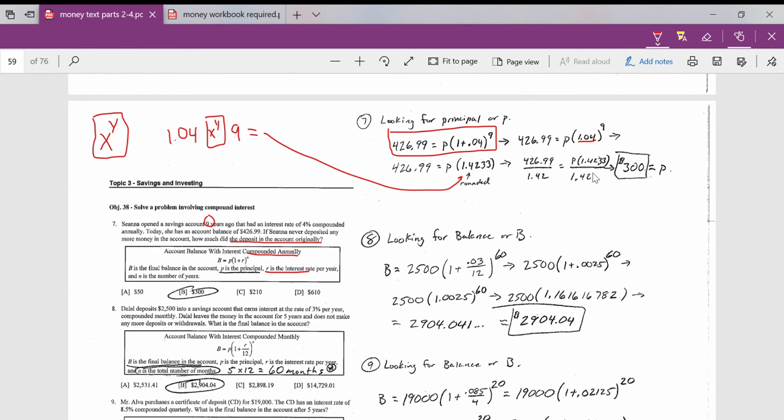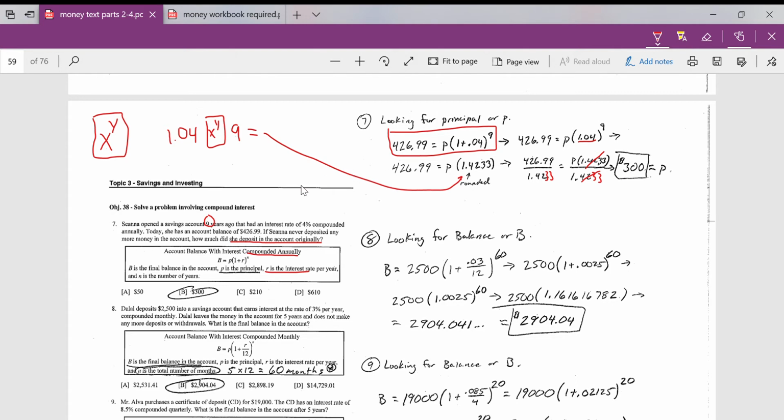So these cancel out. I'm left with just the P, and then I get 426.99 divided by 1.4233, and it comes out to be 300, meaning they started out with an investment of $300.